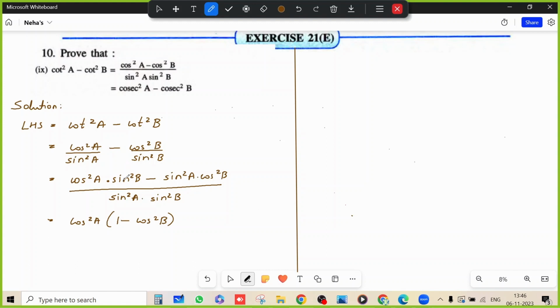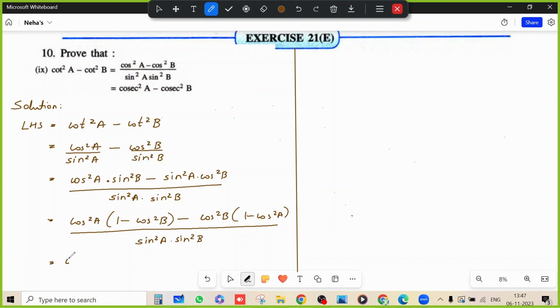Therefore, sin square theta will be equal to 1 minus cos square theta. And similarly, we will write sin square A here in the form of cos as 1 minus cos square A, and this is divided by the denominator, that is equal to sin square A into sin square B.